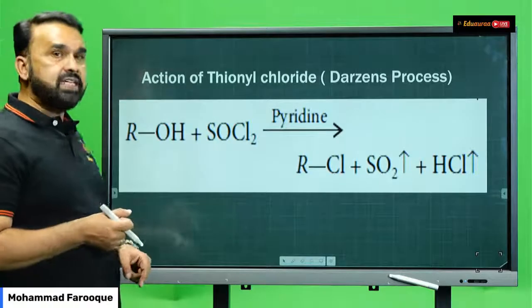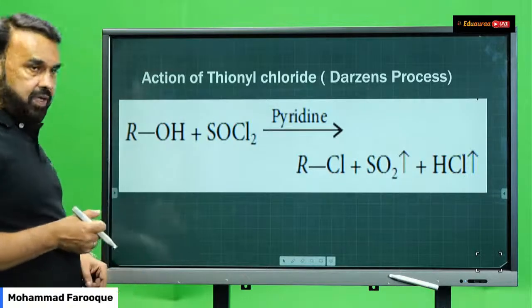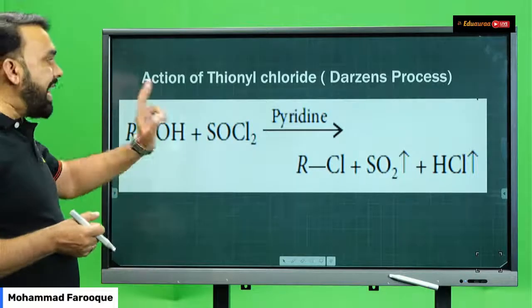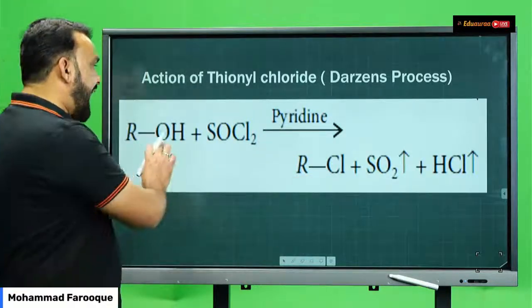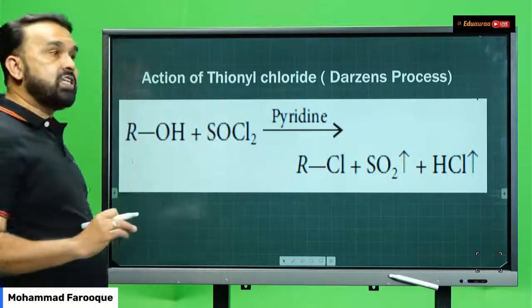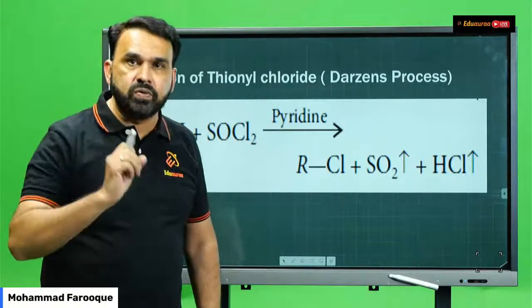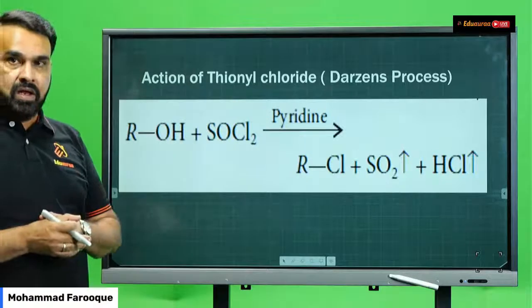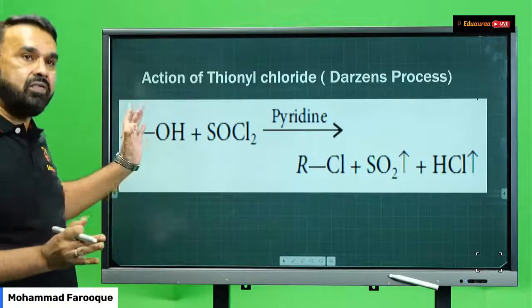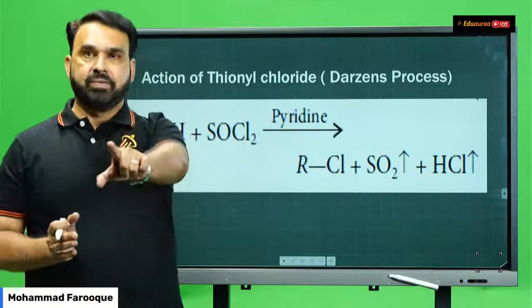Now, again, you can convert an alcohol to an alkyl chloride. That is, when an alcohol ROH is reacted with SOCl2. What is SOCl2, students? Yes, it is called thionyl chloride. Now, whenever thionyl chloride is made to react with alcohol, this is a name reaction.